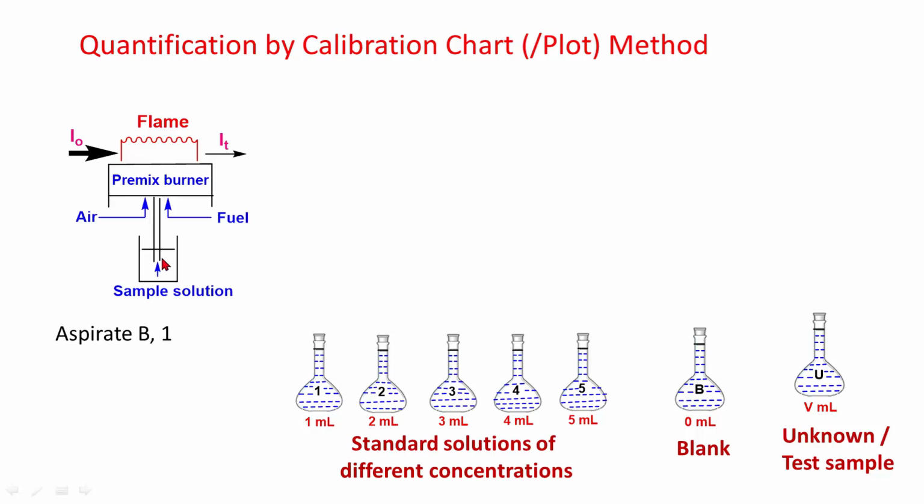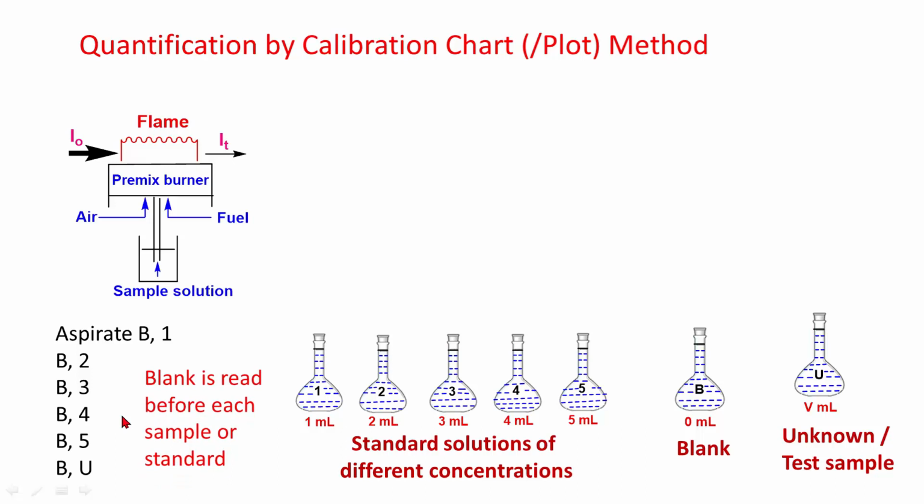Blank solution is aspirated into flame, followed by aspiration of sample number 1, then blank, number 2, blank, number 3, and so on. That is, blank is read before each sample or standard is fed to the flame.